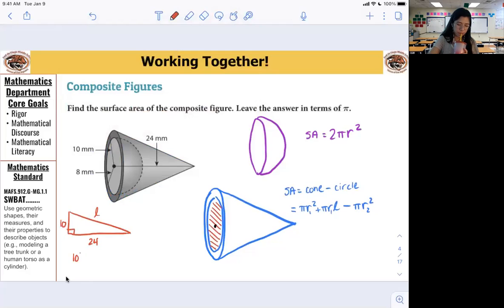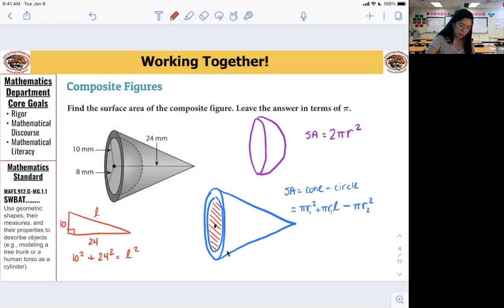but I'm missing L. So what's the formula going to be? Good. Pythagorean theorem. So 10 squared plus 24 squared equals L squared. I named it L because it is the slant height.